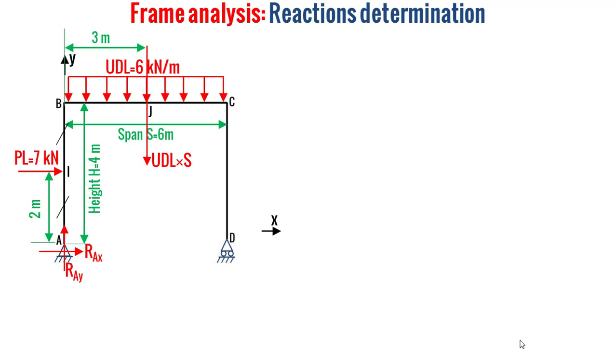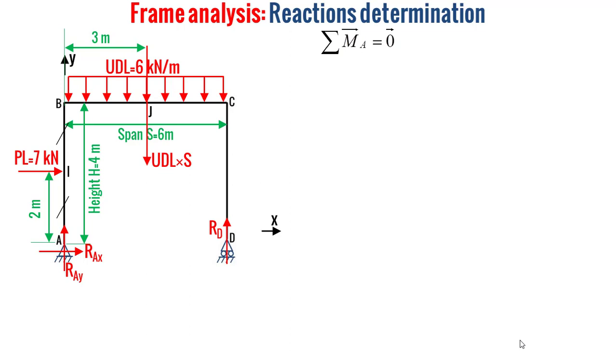This is expected since at the point A we have a pivot support. At the point D we have a roller support, so we have a single vertical reaction denoted simply by RD.